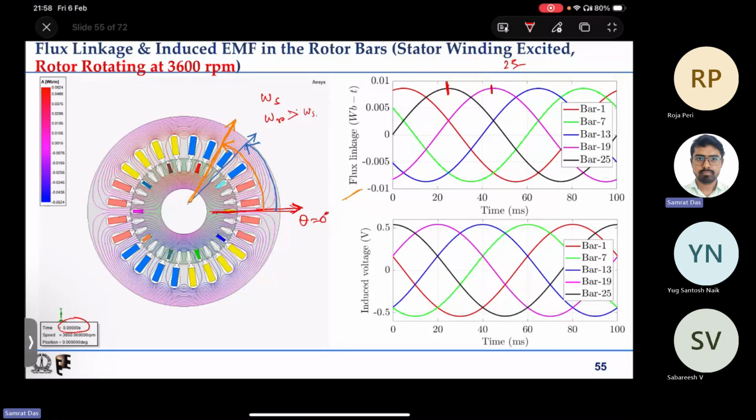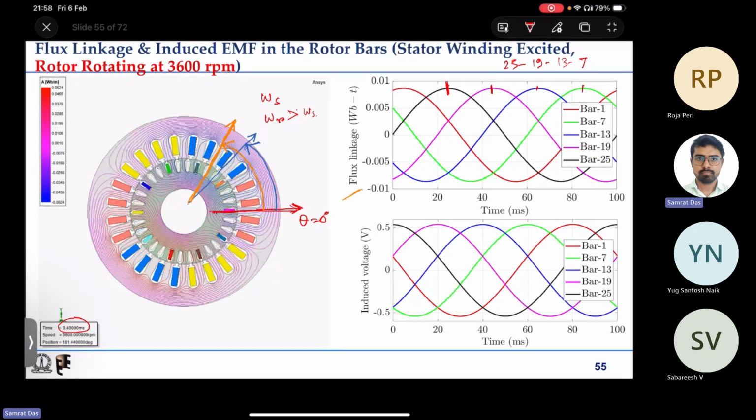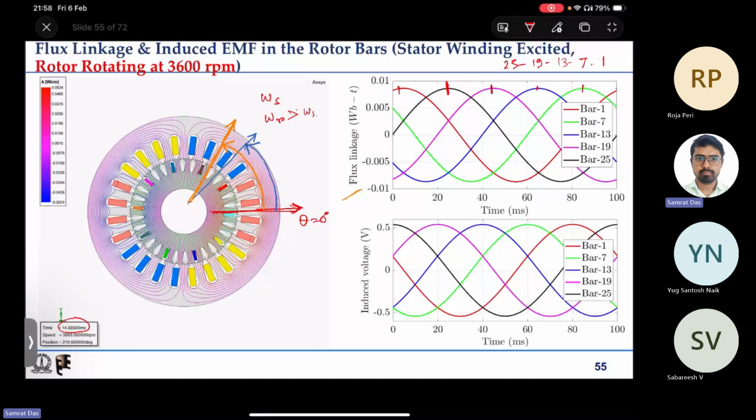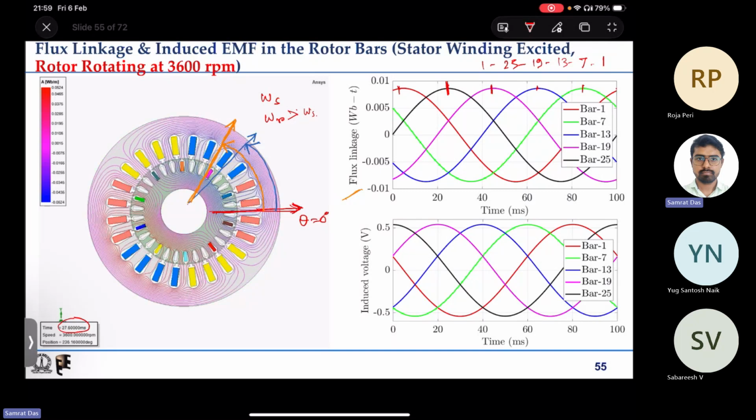Next is not 1, but it is 19. Then it is the blue one, that is 13. Then it is the green one, that is 7. Then it is the red one, that is 1. So here the sequence is 25, 19, 13, 7, 1. So it is the opposite sequence compared to the earlier case.